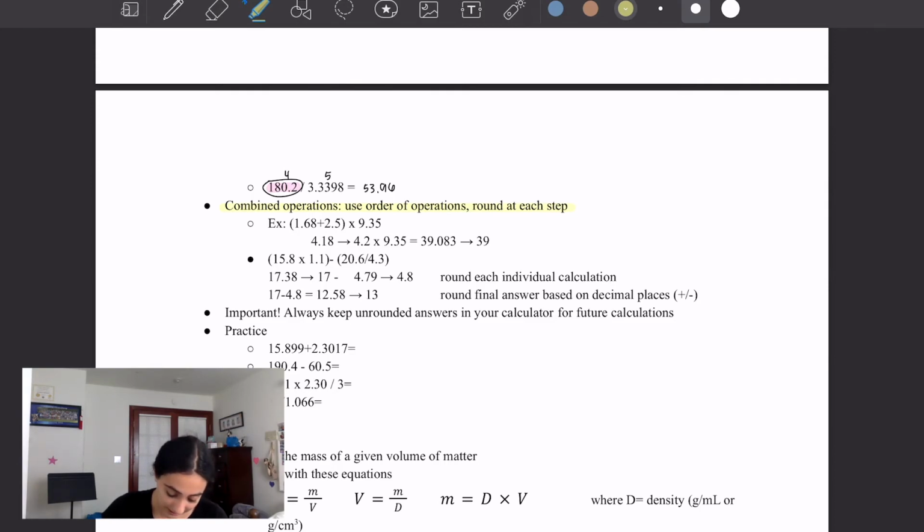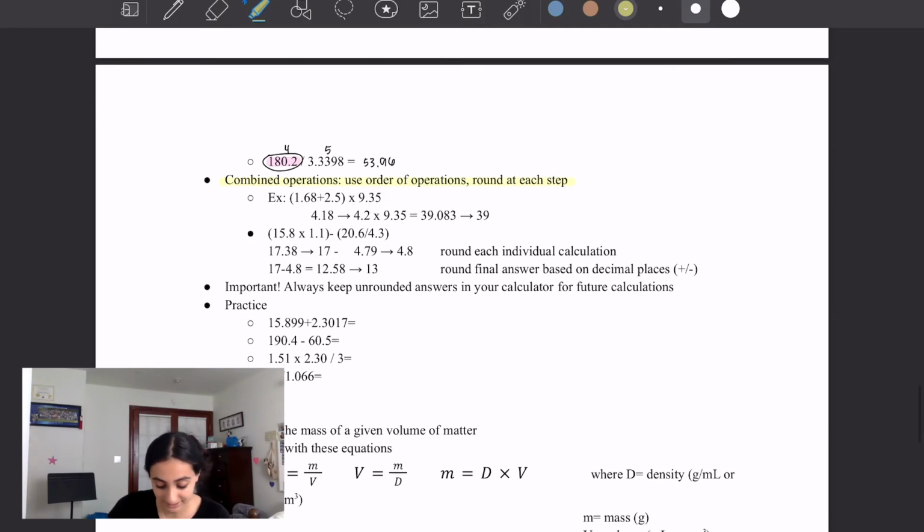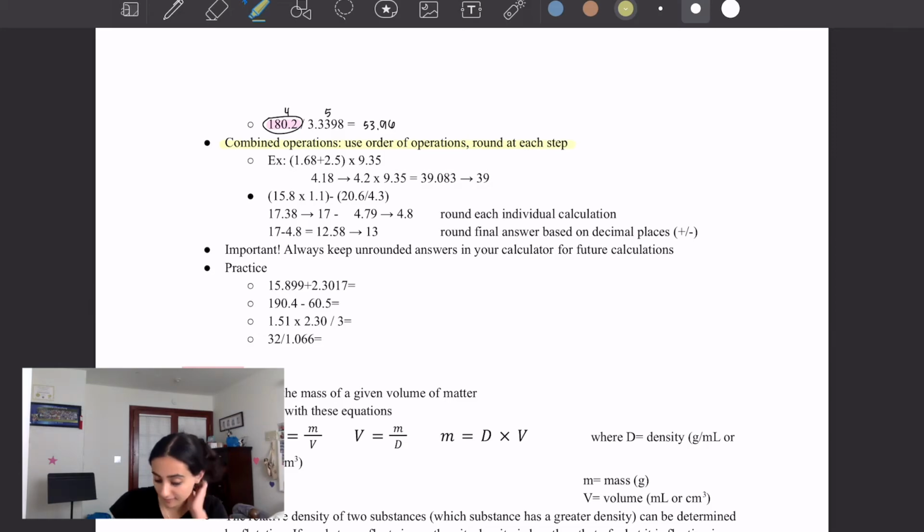So here's an example. We have 1.68 plus 2.5, and then that is being multiplied by 9.35. But as you can see, there are parentheses around 1.68 plus 2.5, so that is the calculation that we are going to do first.